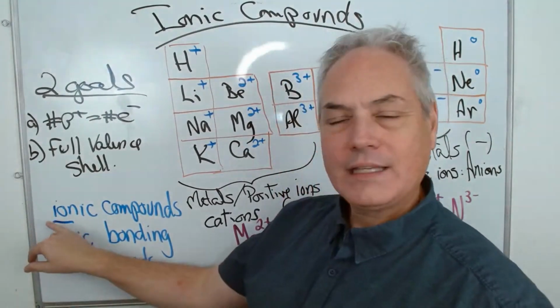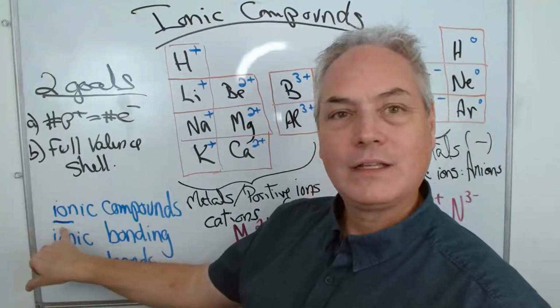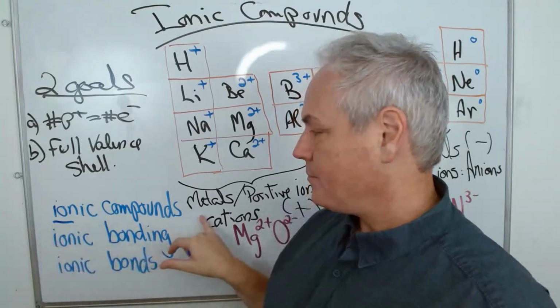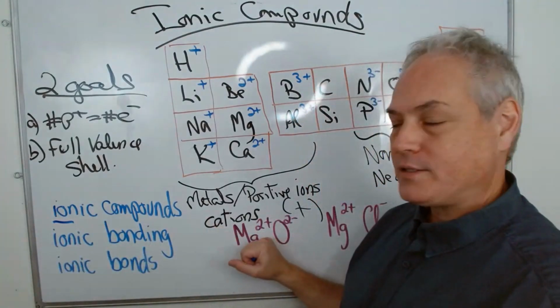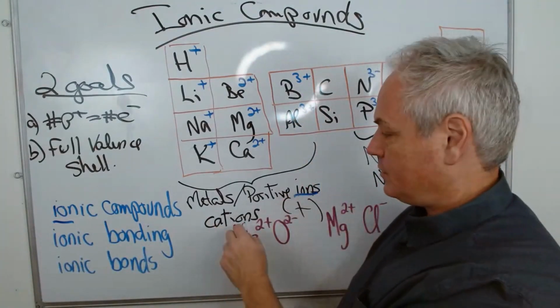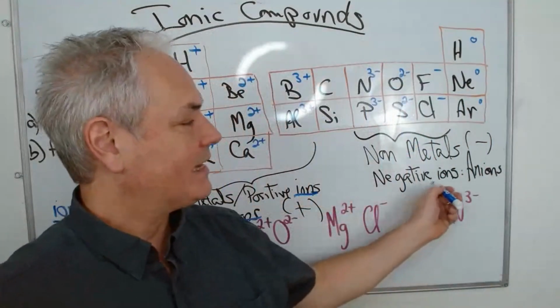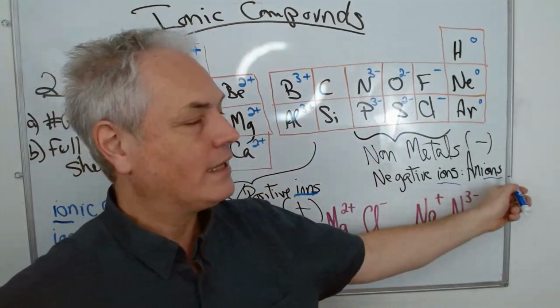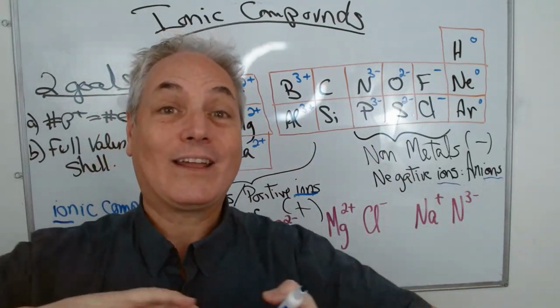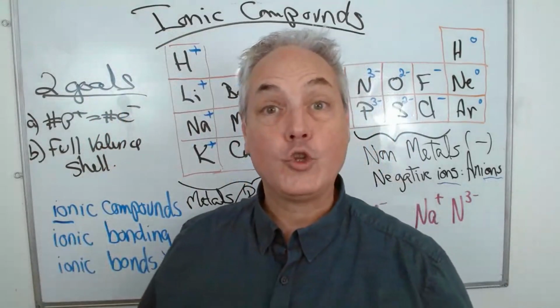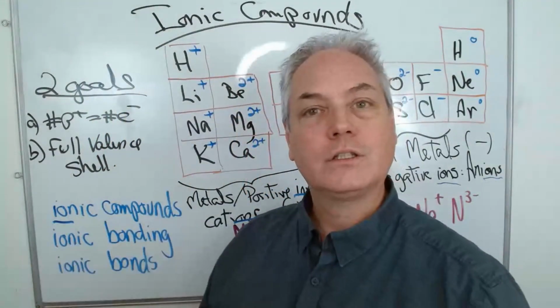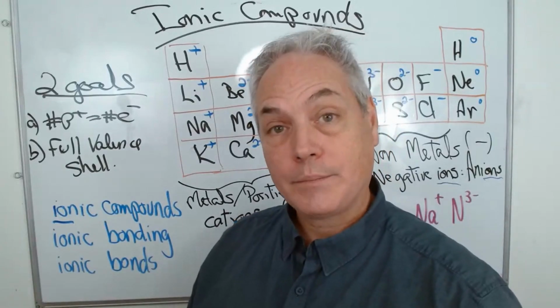Now you're going to see here, if you have ionic compounds, you have the little word ion here, because it's made of positive ions called cations with negative ions or anions. So when you put ions together, you create a new pure substance, which is called an ionic compound.